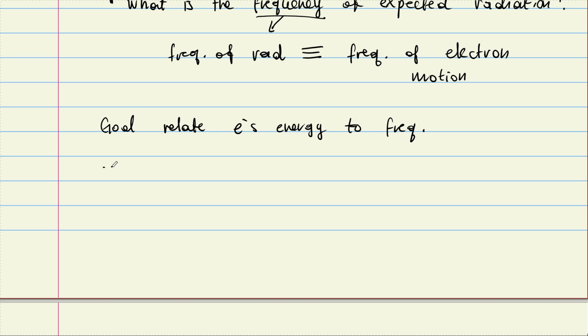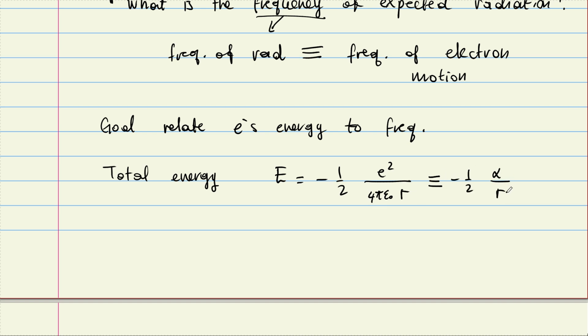I think last time we derived the total energy. Total energy is half the Coulomb energy. So E is equal to minus a half e squared over, let me write it and next time I use a shorter notation, so it's something like that. Let me shorten this with minus a half alpha over r, where alpha is equal to e squared over 4 pi epsilon naught.